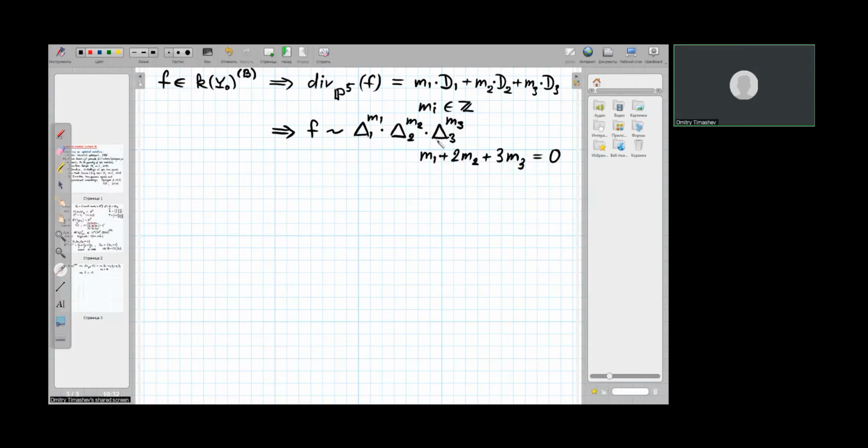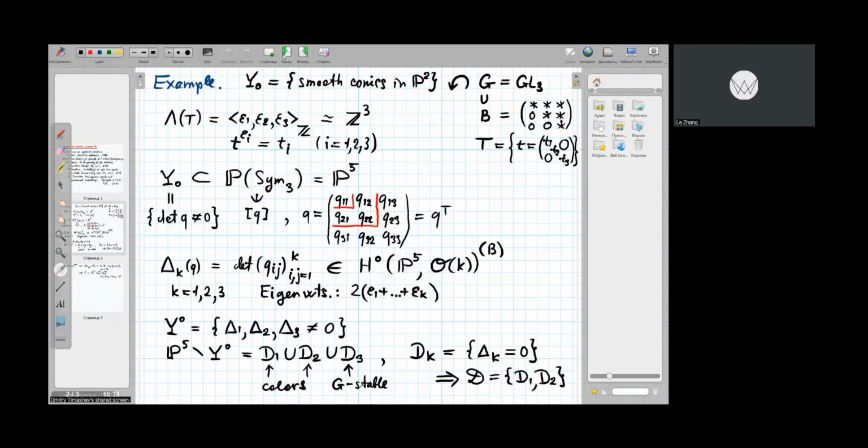The divisor di belongs to Y0 or belongs to P5? To P5. We consider the divisors on P5. Y0 is an open subset in P5.